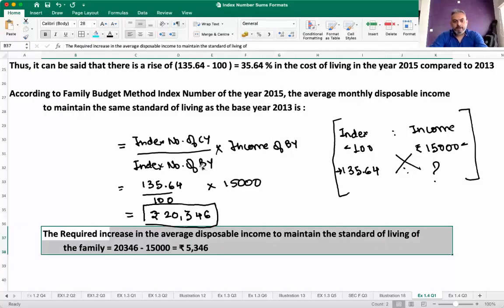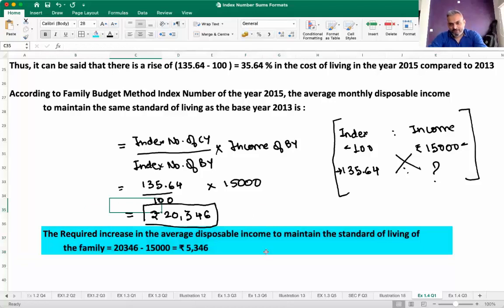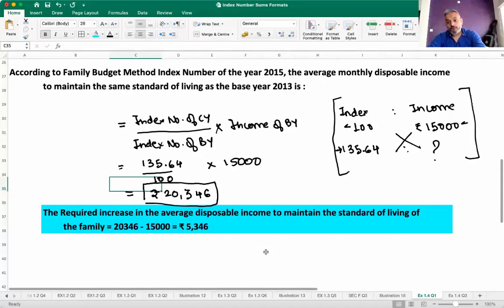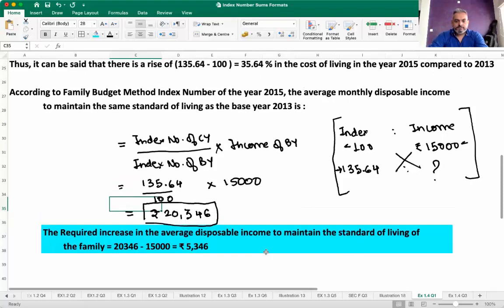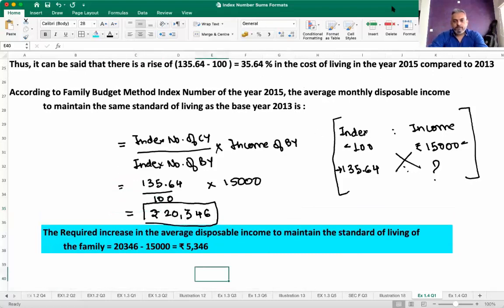So you need an increase of 5,346 rupees to sustain that lifestyle compared to 2013. Please write this.